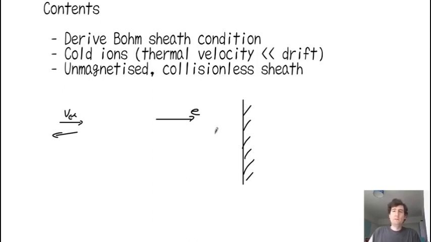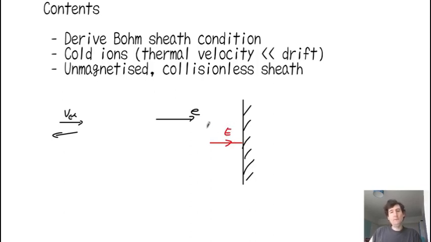As the electrons reach the wall first, the wall charges up relative to the plasma, and an electric field forms. The electric field is in the direction where it repels the electrons and attracts the ions, so you get an electric field like this into the wall.